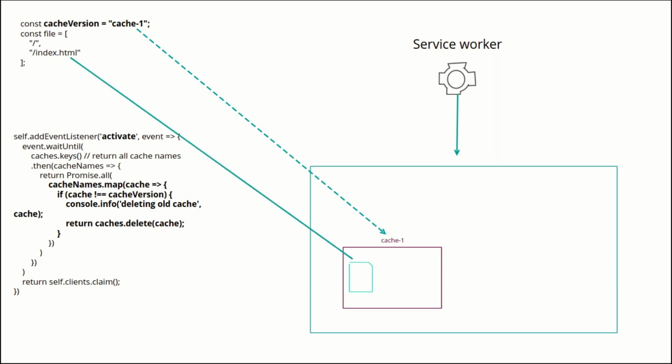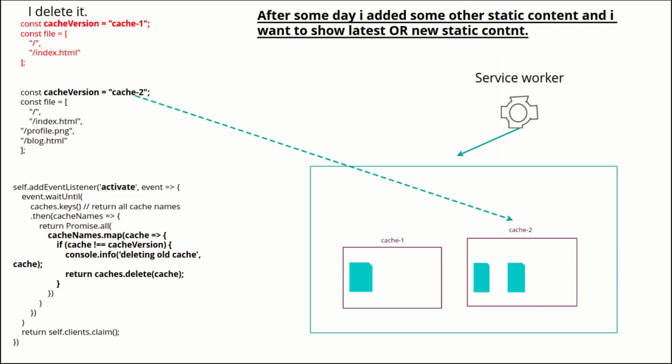And this is the index file I want. Now after some days, I added some other static content, and I want to show the latest, new static content. I don't want to share my old content because it is incomplete or unnecessary, you can imagine.